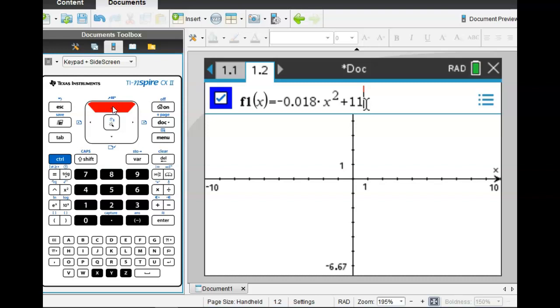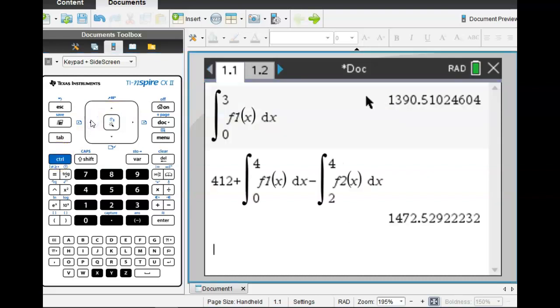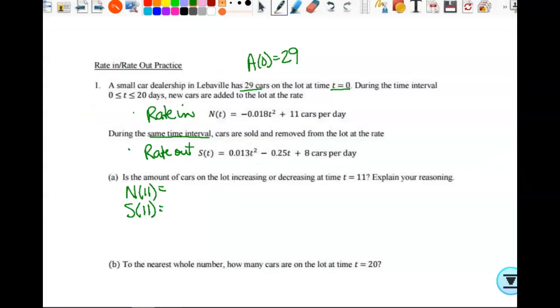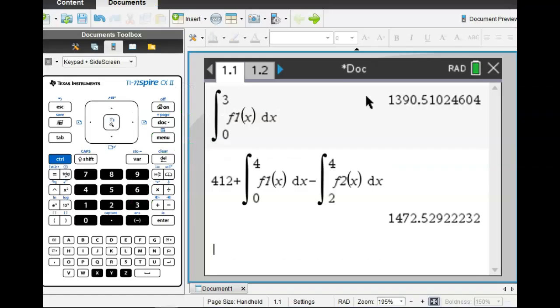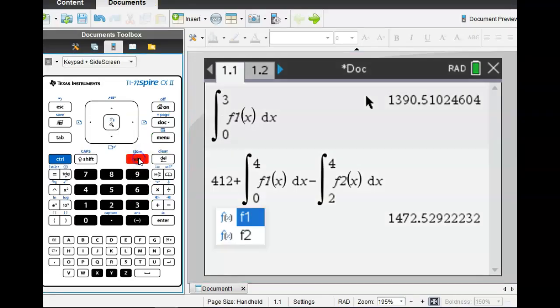I think mine are right. And I think on here I'm also going to write down that this was F1 and this was F2. Bless you.